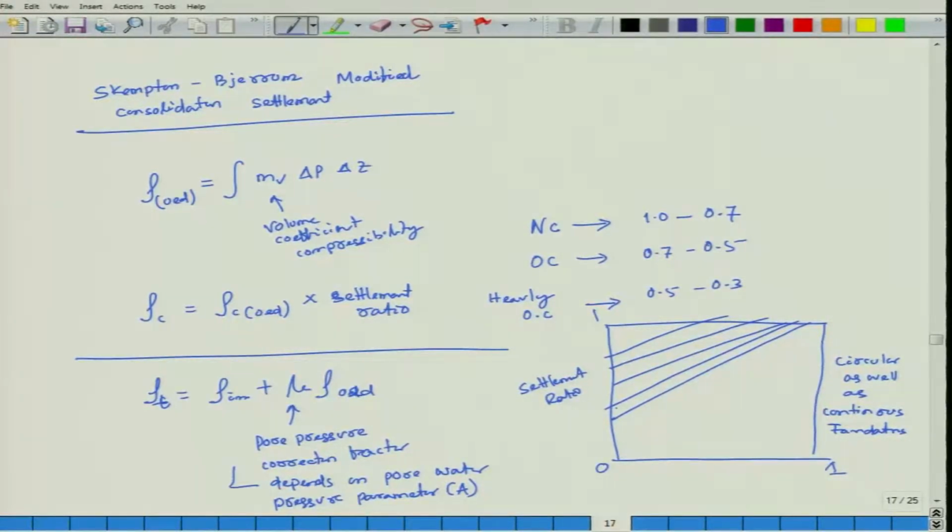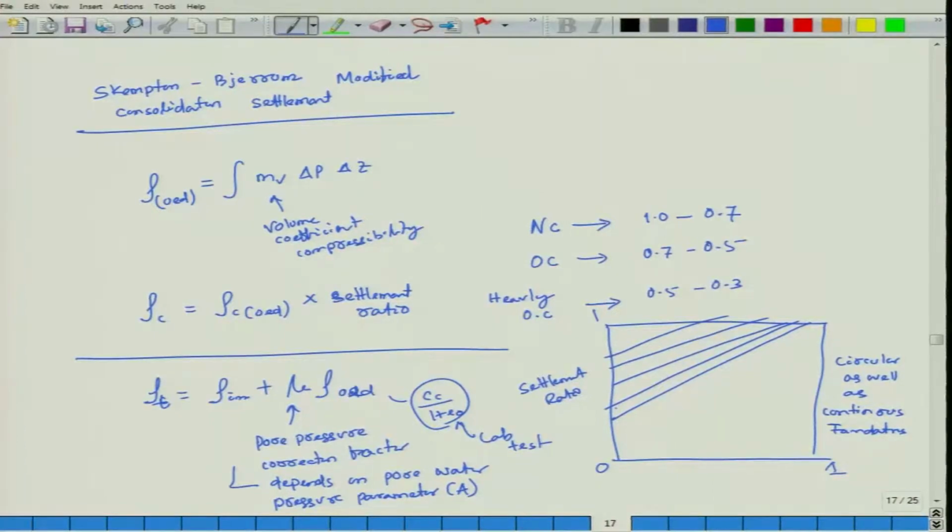Whatever the value you are getting for Cc by 1 plus e0, this is from your laboratory test. So, from the oedometer test you can find out a settlement, that is basically from your laboratory test, and the pore water pressure correction has been applied to simulate the true field condition.